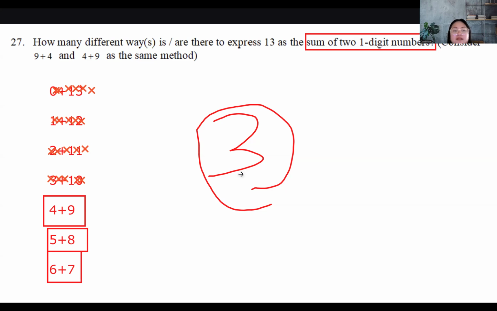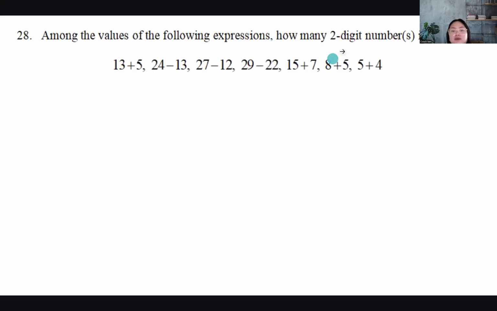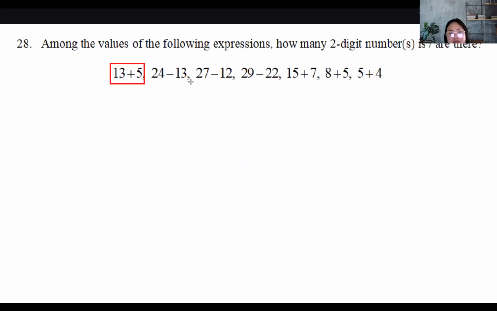All right, number 28. Among the values of the following expressions, how many two-digit numbers is or are there? So all you have to do is to solve each of the expressions like this. Okay? So let's differentiate first all of the expressions so that we are not going to get confused later on.